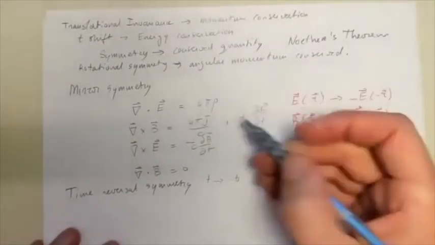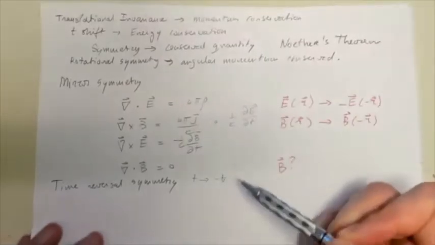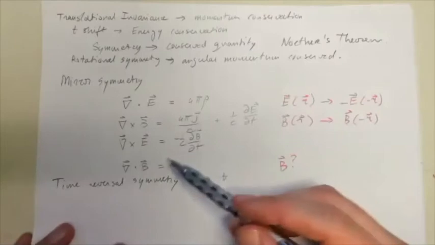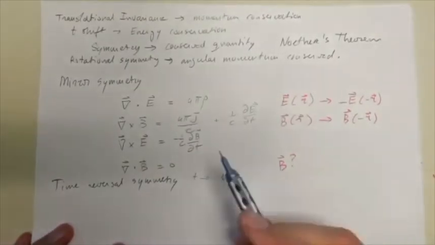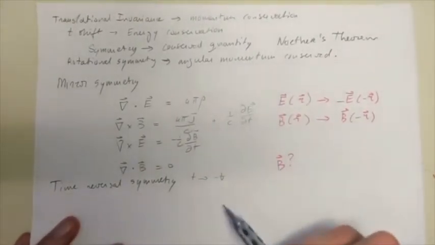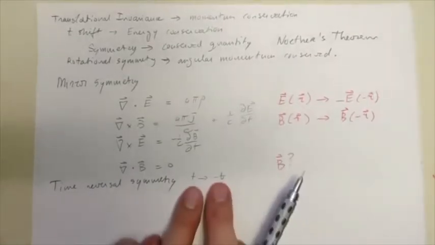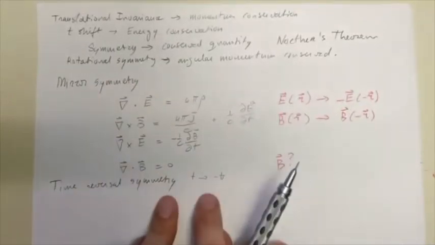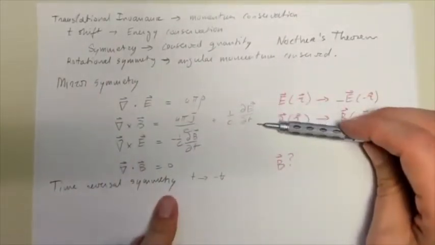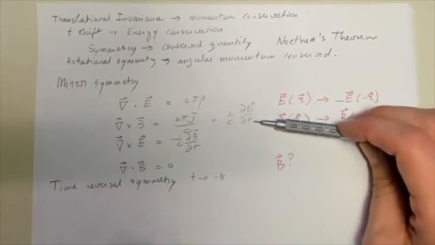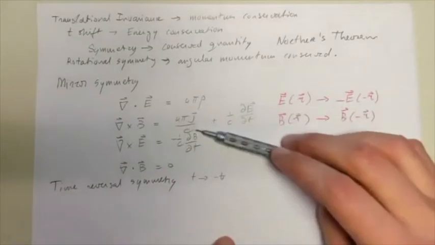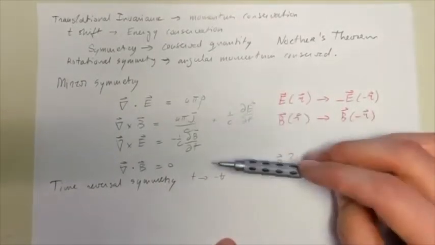Can we in any way rewrite these fields such that the equations will be identical? Then we would not be able to tell whether time is running forward or backwards. This one's a little tricky, so you have to look at what's happening on this side and what's happening on this side. If you were to start here, because that's the first one that actually has a time dependence, it's a little tricky because you also have the current density here.